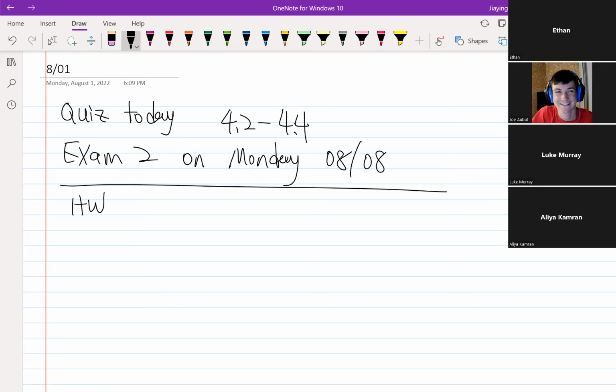It was just asking to find the intercept of the function... oh, sorry, I was reading the wrong one. It was the exponential function.